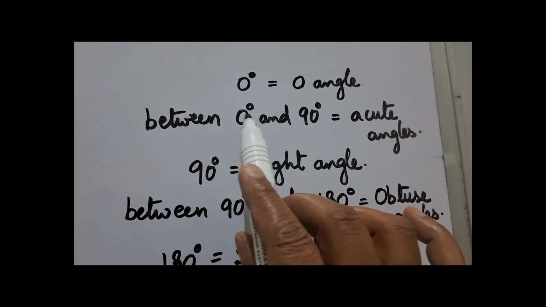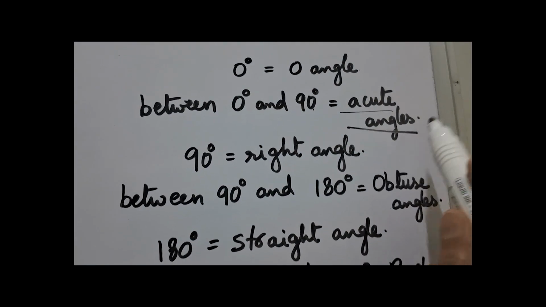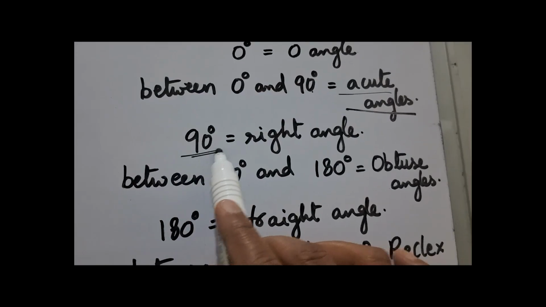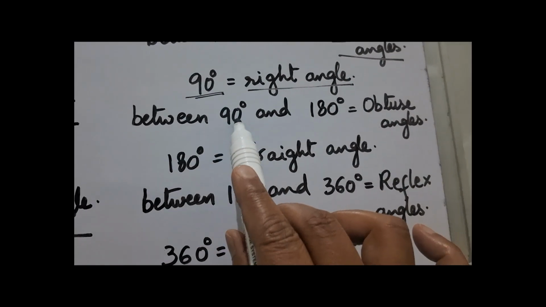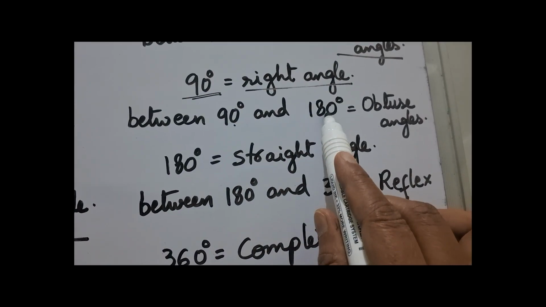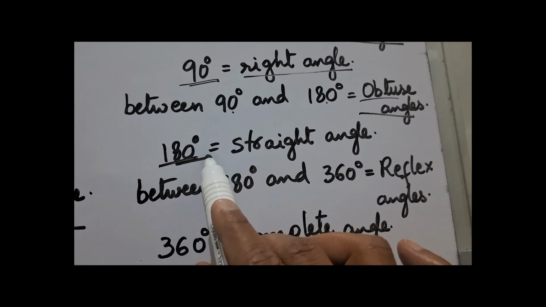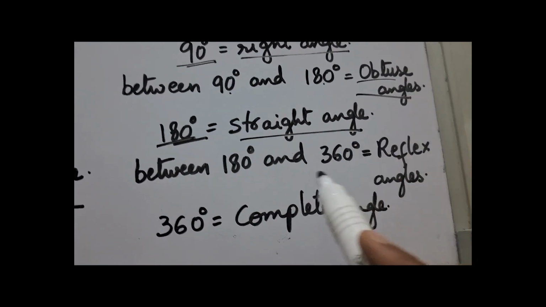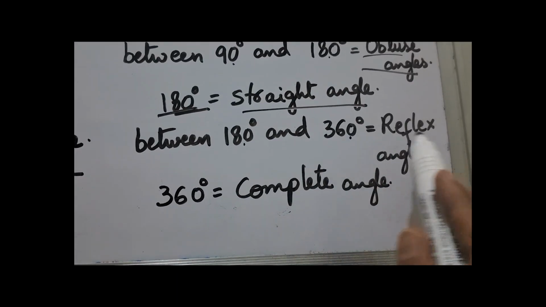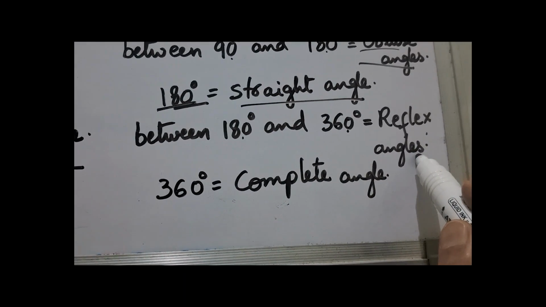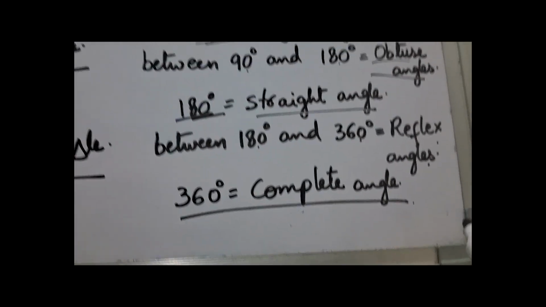The angles between 0 degrees and 90 degrees are called acute angles. And exactly 90 degrees is called a right angle. The angles between 90 degrees and 180 degrees are called obtuse angles. A 180 degrees angle is called a straight angle, the angles between 180 degrees and 360 degrees are called reflex angles, and 360 degrees is called a complete angle.